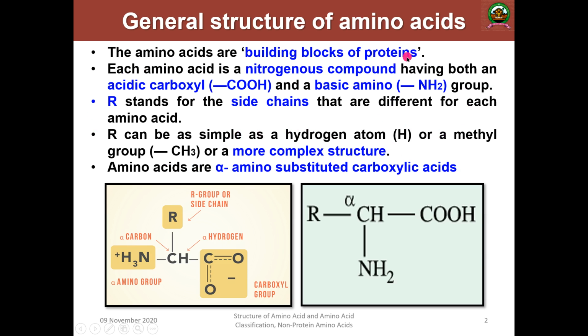This side chain can be a simple hydrogen atom, a methyl group, or a more complex structure. Based on all those concepts, amino acids can be defined as alpha amino substituted carboxylic acids. This is the general structure of an amino acid, consisting of an amino group, a carboxylic group, and the side chain R. The hydrogen attached to this carbon is known as alpha hydrogen, and this carbon is referred to as the alpha carbon.